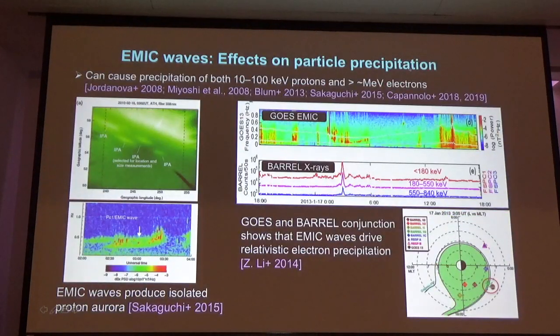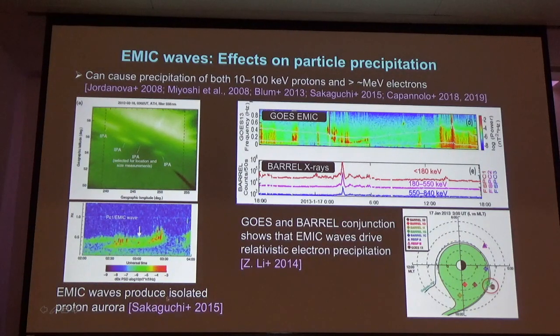And EMIC waves are known to cause both tens of keV proton precipitation and MeV and sub-MeV electron precipitation. And here is an example of the isolated proton aurora. And in the conjugate region, EMIC waves, especially in this case rising tone EMIC waves, are detected.